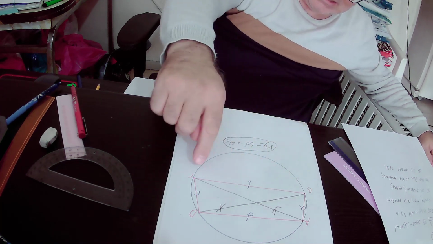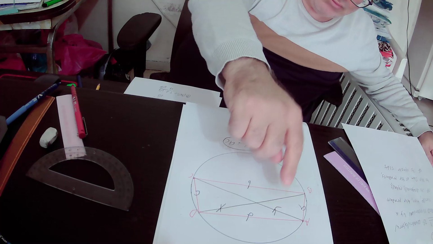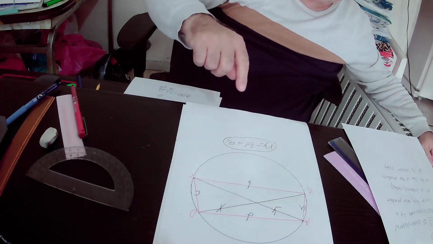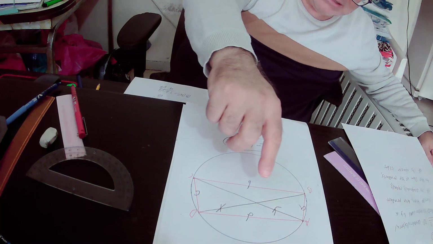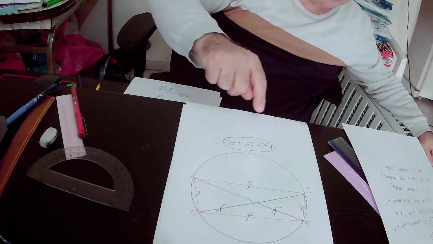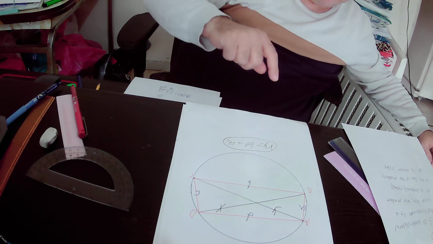Diagonal AC has size y, and diagonal BD has size x, and the product of its diagonals, x times y, equals the sum of the squares of its opposite sides.